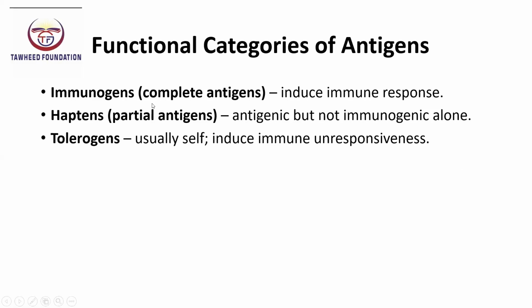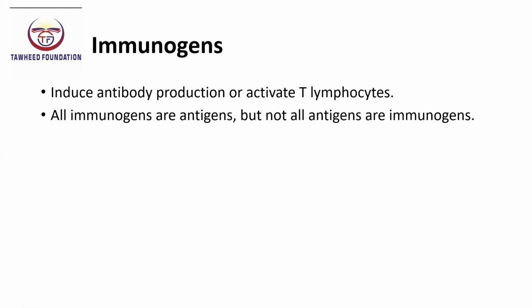First is immunogens, that is complete antigens. They induce an immune response. Second is haptens. These are partial antigens, that is antigenic but not immunogenic alone. Third is tolerogens, that is usually self-induced immune unresponsiveness. So we'll go one by one to see what exactly each is. We'll start with immunogens, that is nothing but complete antigens.